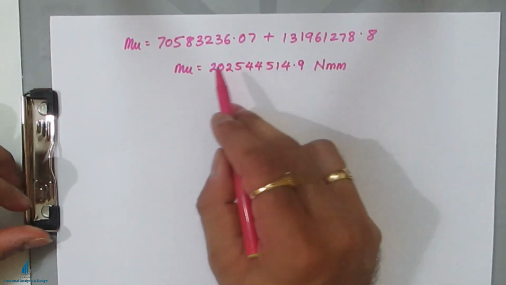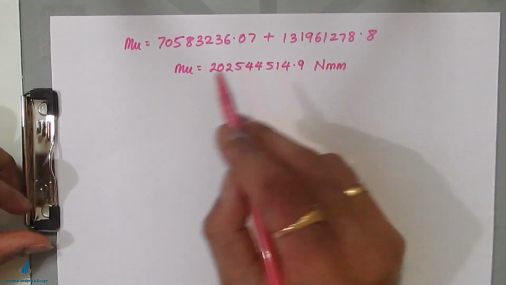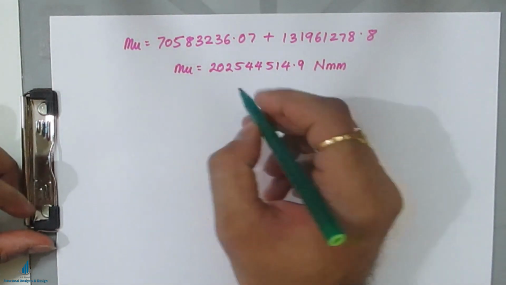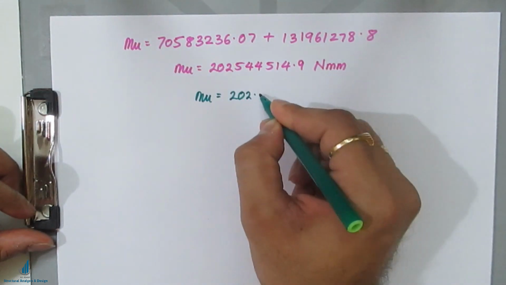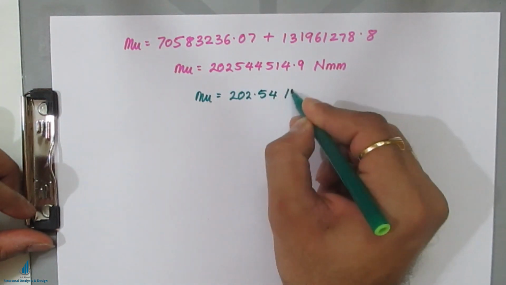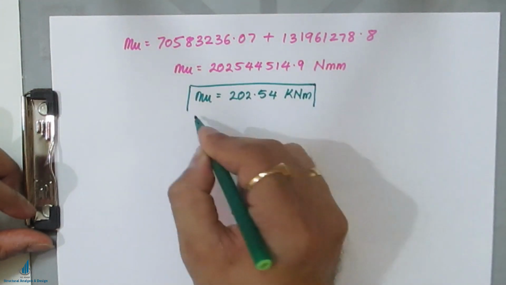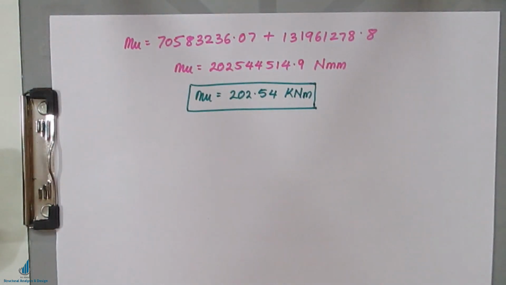So whatever value you are getting will be in Newton millimeter, because we are calculating the moment. If you want to convert it into kilonewton meter, then the Mu becomes 202.54 kilonewton meter. So this is the moment value you will be getting for that particular T section.